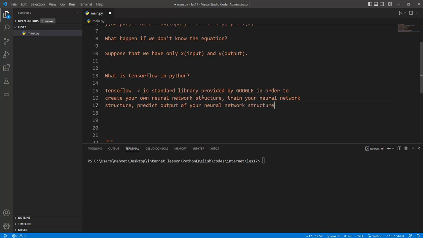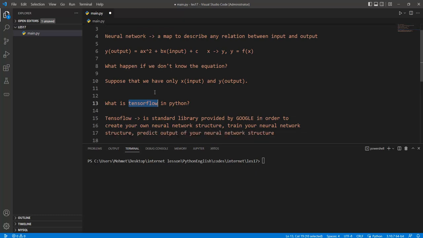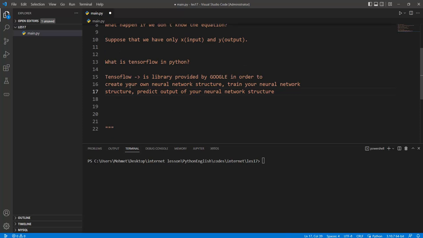And so if you want to describe any neural network in the Python programming language, we can utilize the TensorFlow addition in our computer. And so this is the standard library provided by Google. And so by using this library we can create the neural network structure with the input layer, with the output layer, or with many hidden layers, with a specific number of neurons.